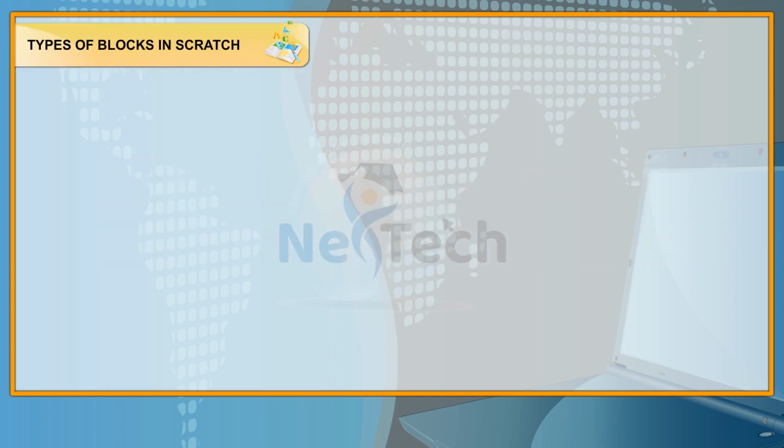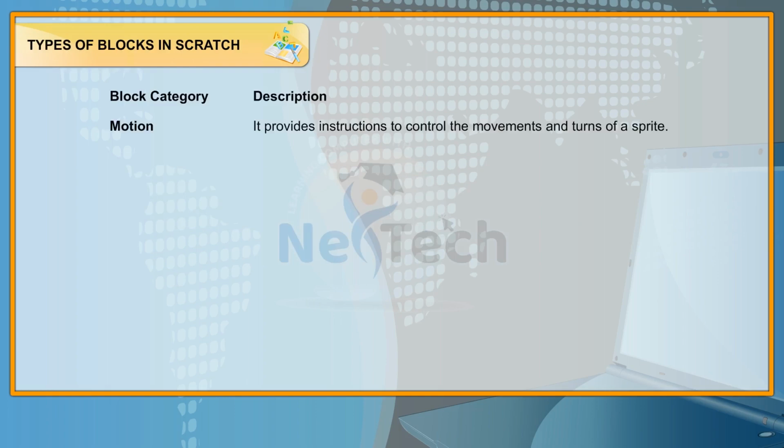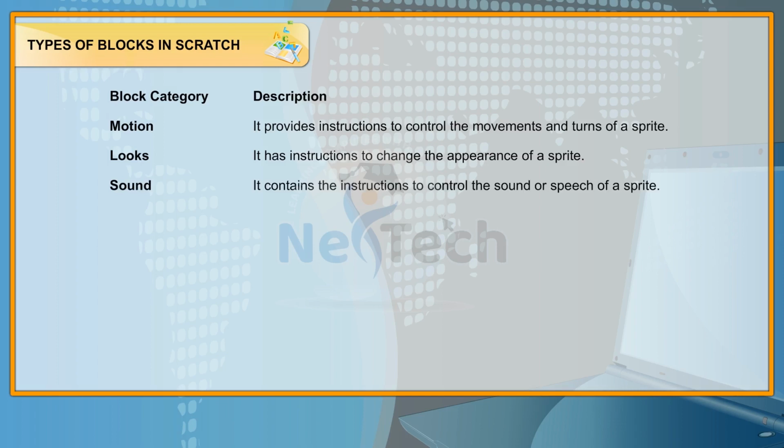Types of blocks in Scratch. Block category. Description. Motion. It provides instructions to control the movements and turns of a sprite. Looks. It has instructions to change the appearance of a sprite. Sound. It contains the instructions to control the sound or speech of a sprite. Pen.